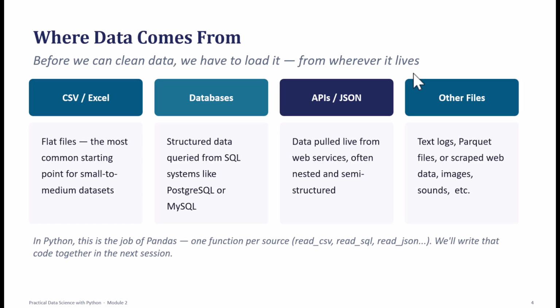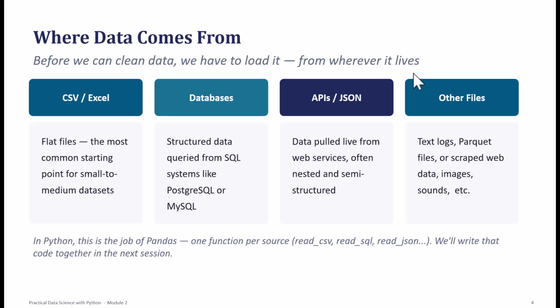We have databases, where we query from SQL, PostgreSQL, MySQL, and so on. We have APIs and JSON data pulled live from web services, often nested and semi-structured. We also have other files like text logs, Parquet files, scraped web data, images, sound, and so on. There are many ways data can come to us.